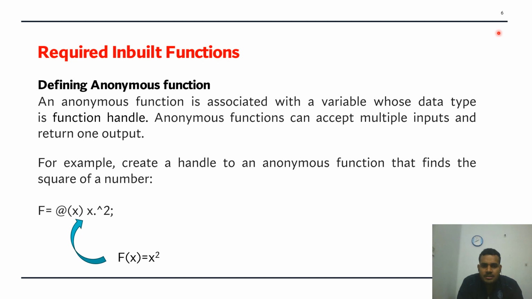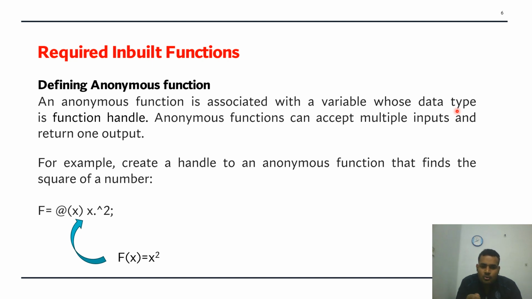Now we will first discuss the required inbuilt functions. Firstly, we will understand how to define an anonymous function. An anonymous function is associated with a variable whose data type is function handle, and anonymous functions can accept multiple inputs and return one output.